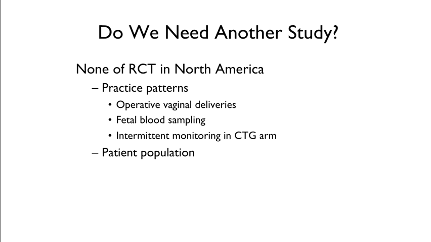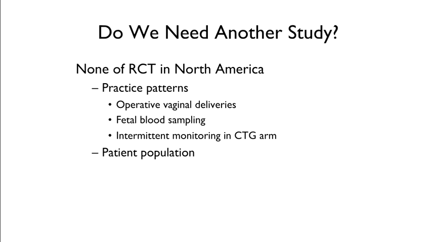For example, we have different approaches to operative vaginal deliveries. Some places in Europe do more operative deliveries, some do less. We don't do fetal blood sampling, and obviously most of these studies included fetal blood sampling. Also, most of these studies, in the arm where STAN was not used, the fetal heart rate monitoring arm, used intermittent monitoring rather than continuous monitoring like we do here.